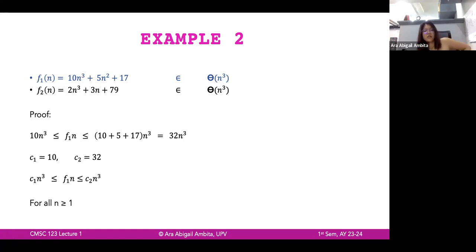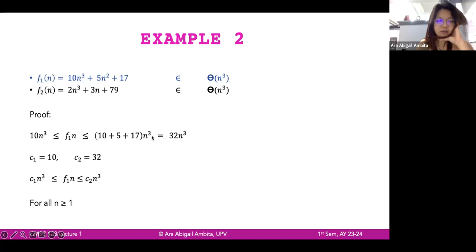So now f sub 1 of n is greater than or equal to 10n cubed and less than or equal to (10 plus 5 plus 17) n cubed. So where did we get this? First, we just took this coefficient, which is 10, of n cubed.